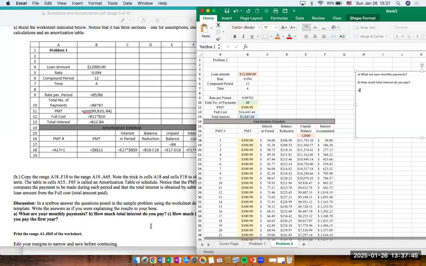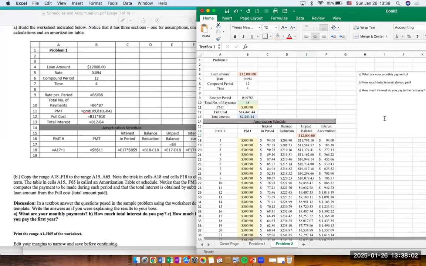And C, how much interest do you pay in the first year? Make sure you're bringing context to some of your answers as much as you can. Give detail as to what you're doing.